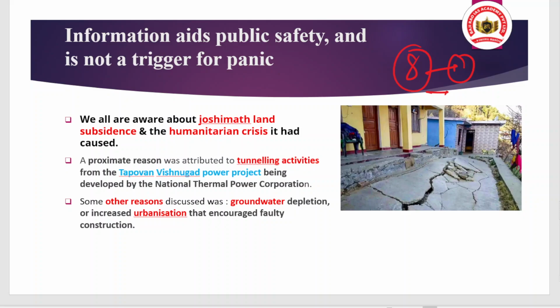So it was not released. But the High Court of Uttarakhand ultimately took action and pushed for the release of the report, and now the report has been released. So we will discuss some of the facts about the factors that ultimately caused the Uttarakhand subsidence.